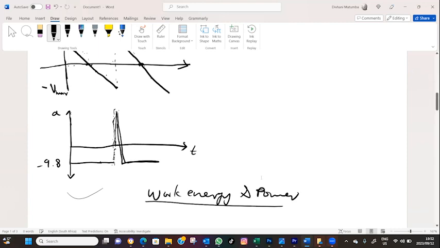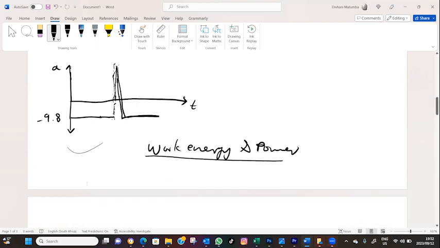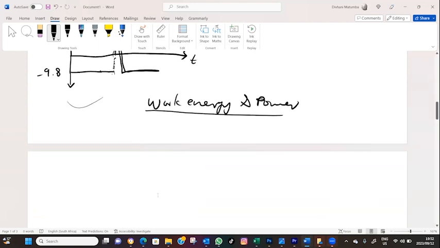What is work, or what is work done? Work done is a scalar. The work done is done by the net force.